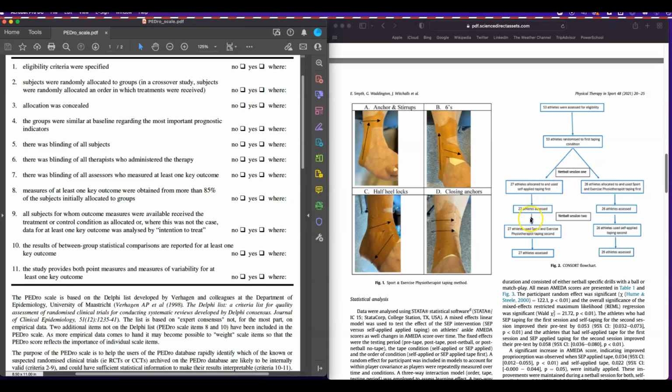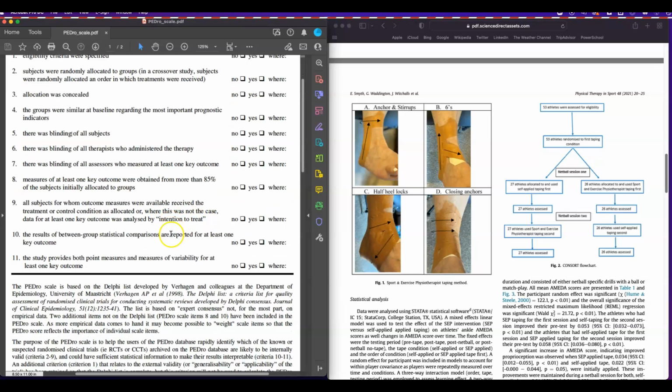And as we follow this down, we can see 27, 27, 27, 27, which means we didn't lose anyone, no one dropped out. And then in the other group, we had 26, 26, 26, 26. So again, we didn't lose anyone and they didn't drop out. So yes, in this particular case, measures of at least one outcome were obtained for at least 85%, in this case, 100% of the subjects, right?